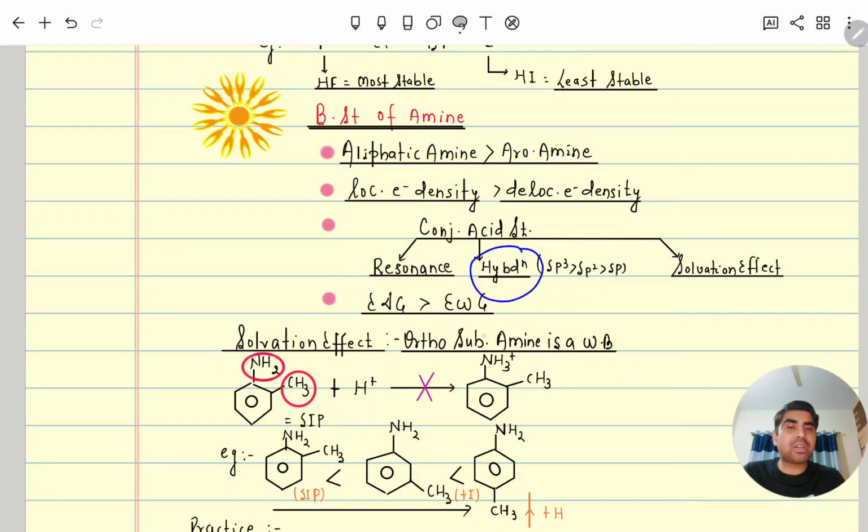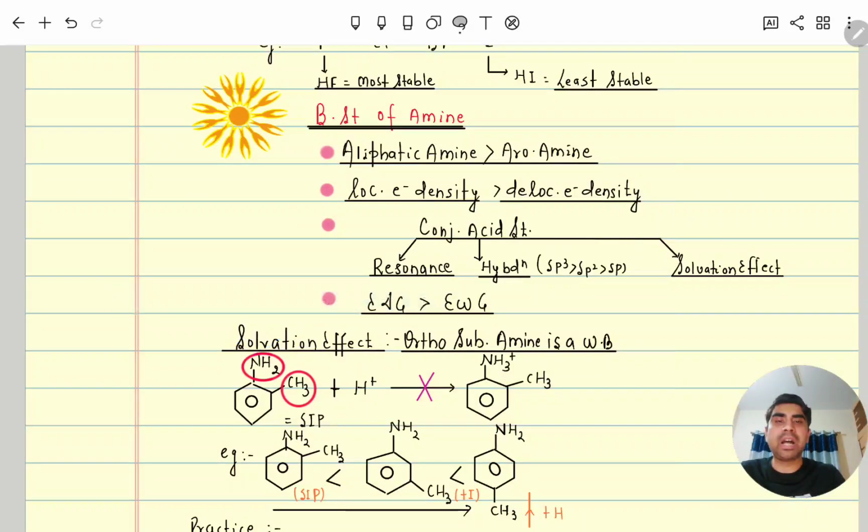Through hybridization, sp3 is more stabilized than sp2 and sp2 is more stable than sp, in the conjugate acid. And then after that, the solvation effect we will see.